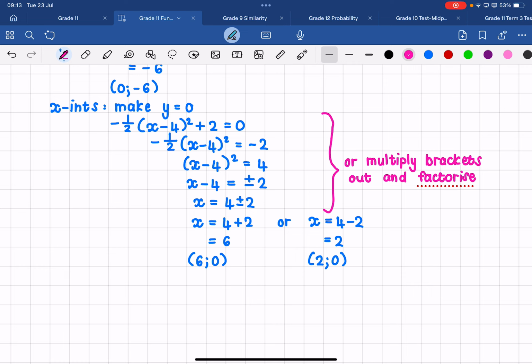Times the bracket out and then move the 2 over. Yeah, but you must just keep the negative half in front of your multiplied out bracket. Yes, you can do that. But then you're going to have to move the thing back so that you can factorize again.